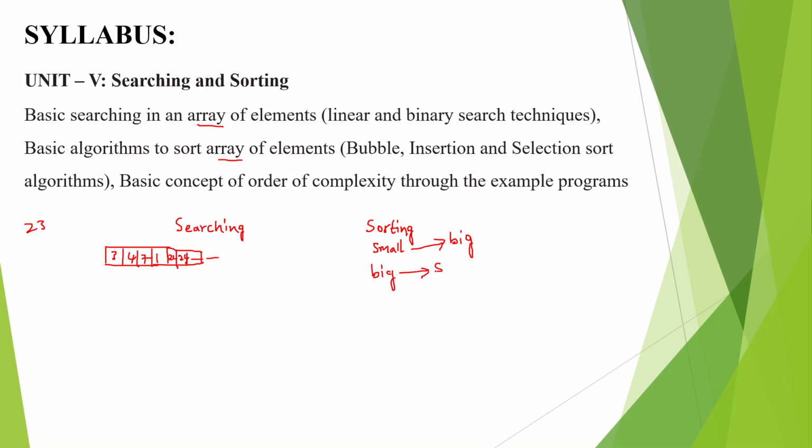In this order, sorting algorithms arrange the elements in a list, either smallest to biggest or biggest to smallest, either in ascending order or in descending order. That is what we call the sorting approach. It is very simple.